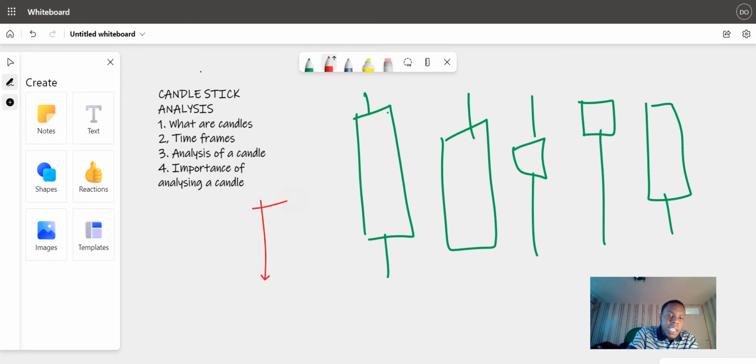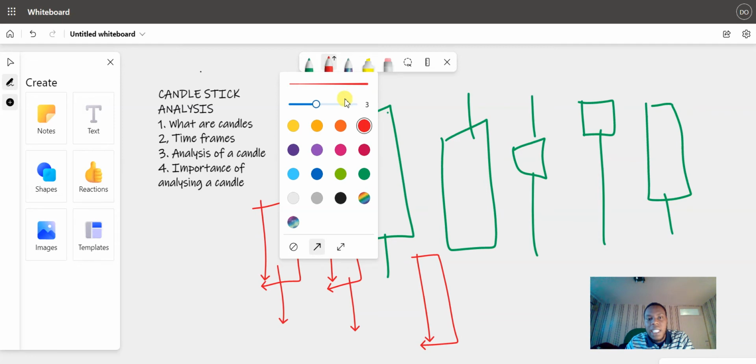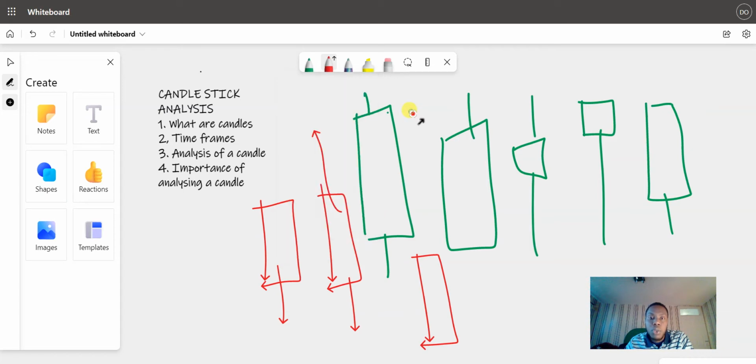We have a candle that is just like this. I want to make it a bit thicker. So it just depends on what the market was doing at that point in time. All right, so these are what candles are.